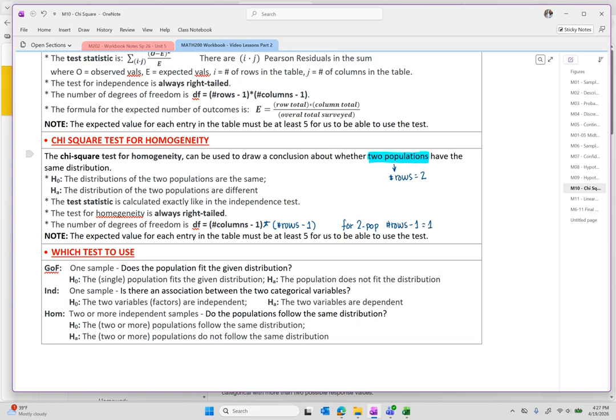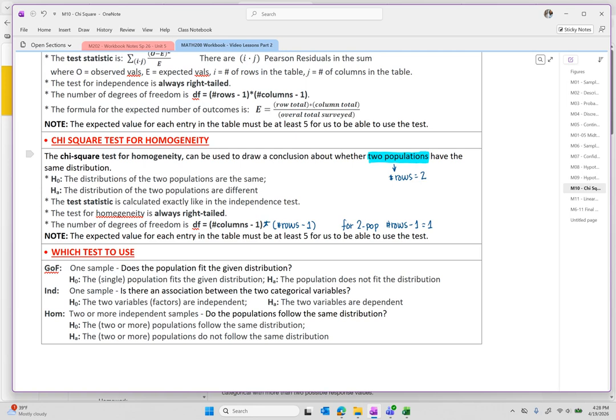And therefore the degrees of freedom would just equal the number of columns minus 1. Note here the expected value for each entry in the table must be at least 5 for you to be able to use this test. So which test are we using? And there will be some homework questions for you on that.